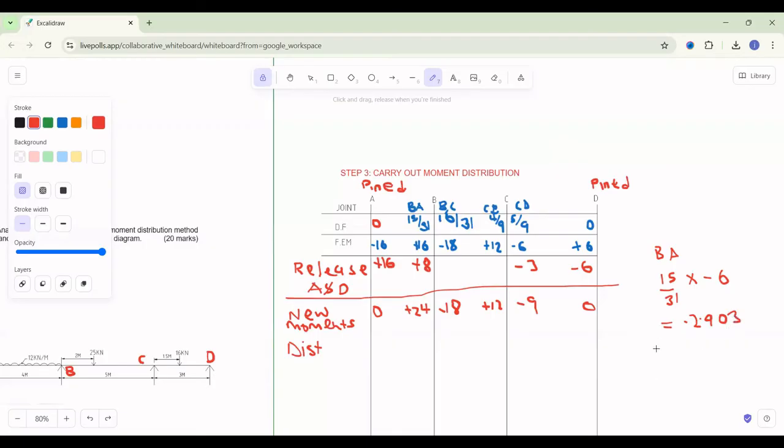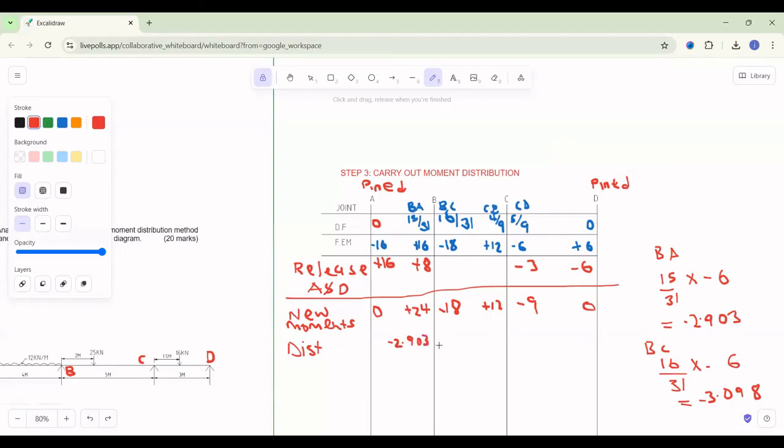So you do the same for BC, 16 over 31 multiplied by negative 6, and you get negative 3.098 kilonewton meters. So you will just come and feed this value here. This will be negative 2.903.